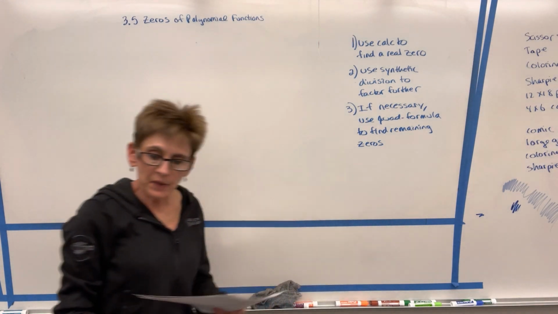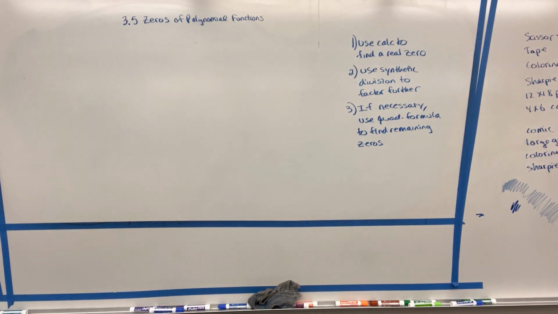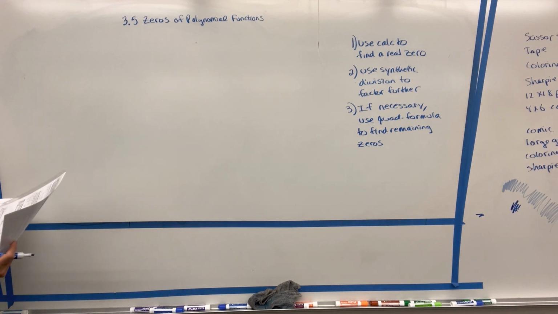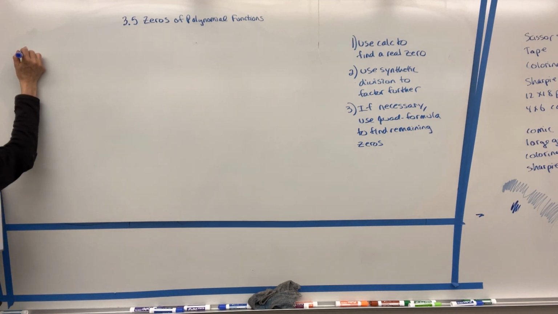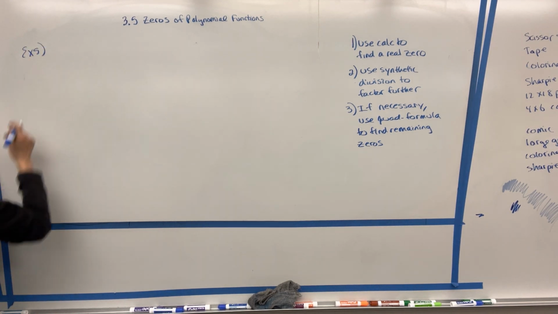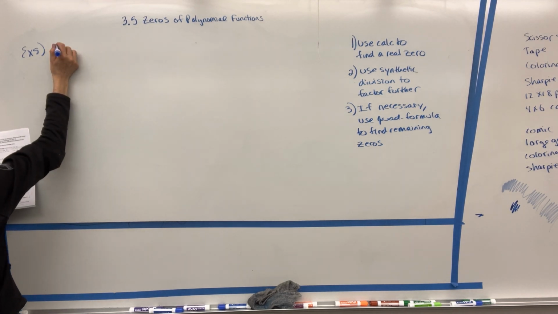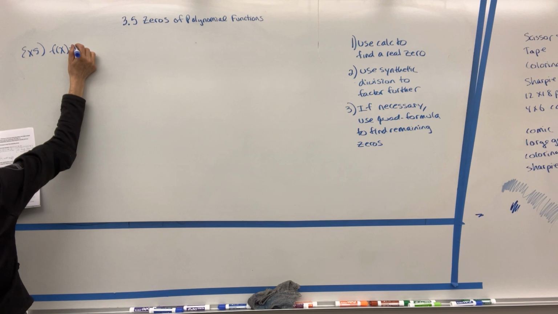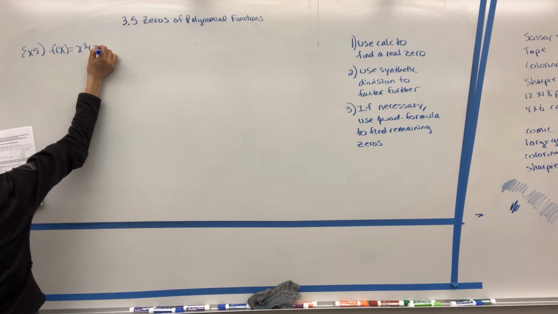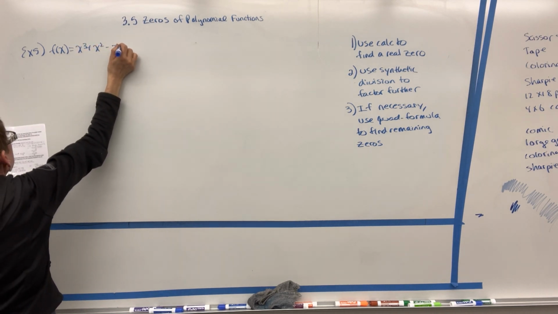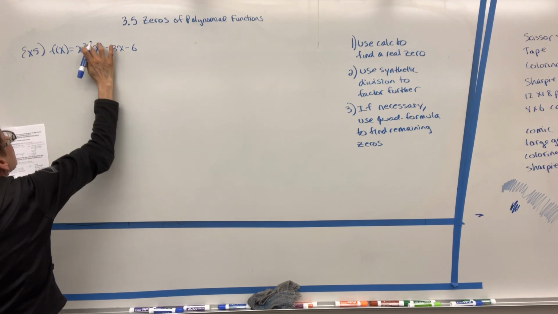Okay, so let's do a few examples. I believe this is example 5. We want to find all the real and complex zeros of f of x equals x cubed plus x squared minus 3x minus 6.